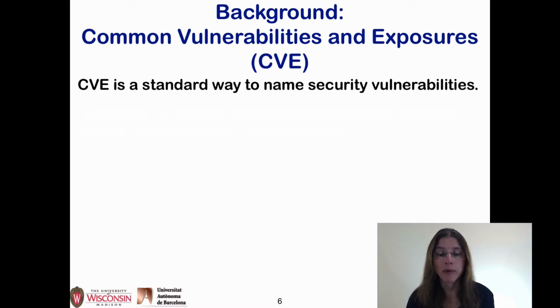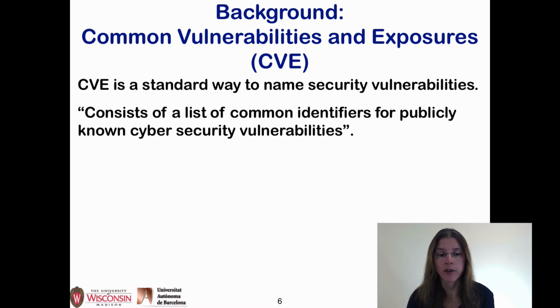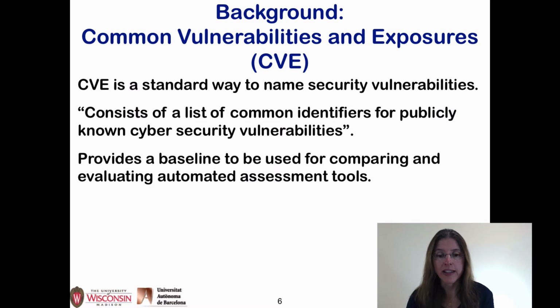Don't confuse CWE with CVE. The CVE, the Common Vulnerabilities and Exposures, was also developed by MITRE, and it is a standard way to name specific security vulnerabilities that have been found in existing software. It consists of a list of identifiers for publicly known and reported security vulnerabilities.